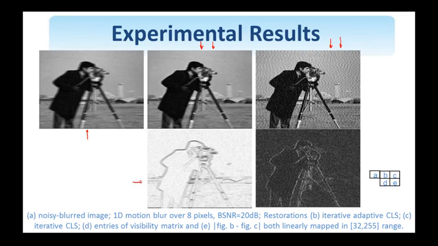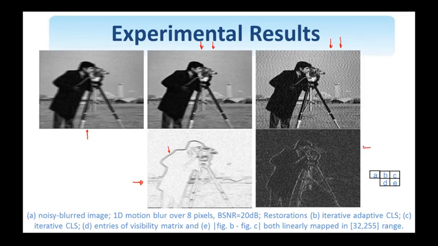Here we show the visibility function computed by finding the local variance in the image. It's like an edge detector, so black are the small values, so at the edges the weight for the smoothness term is small, therefore the smoothness term is disabled, and it's high values, white values in the flat regions.